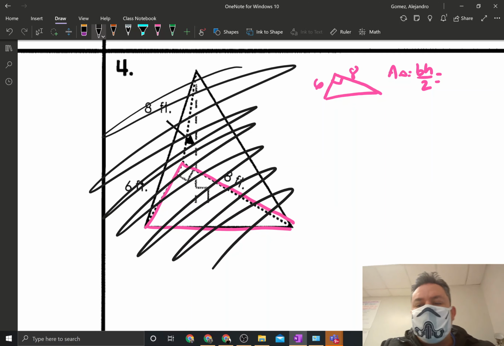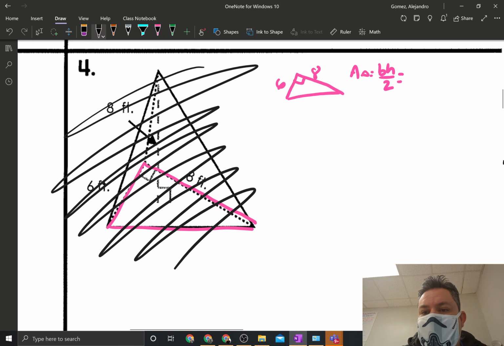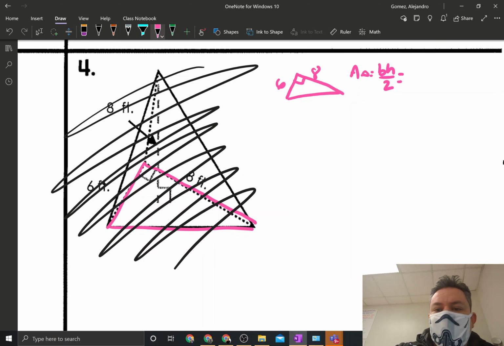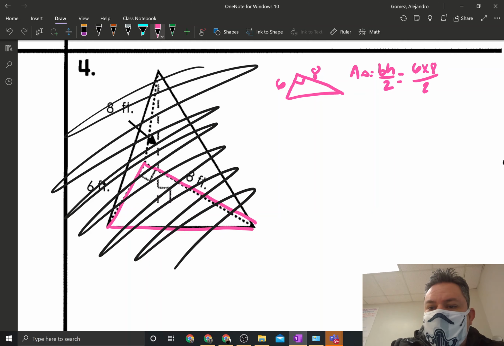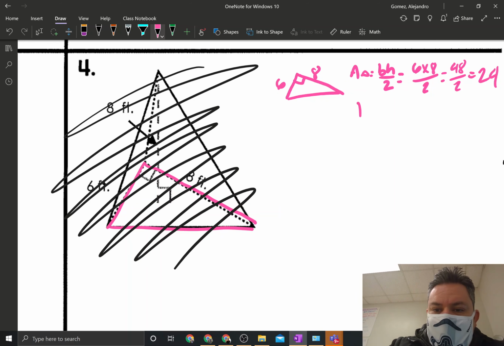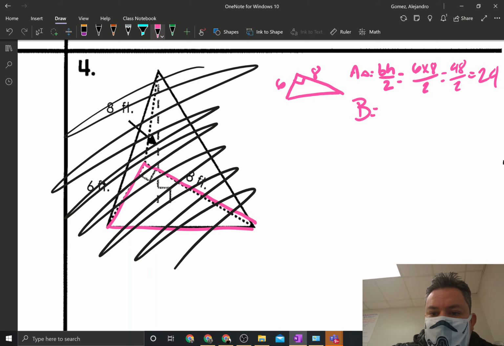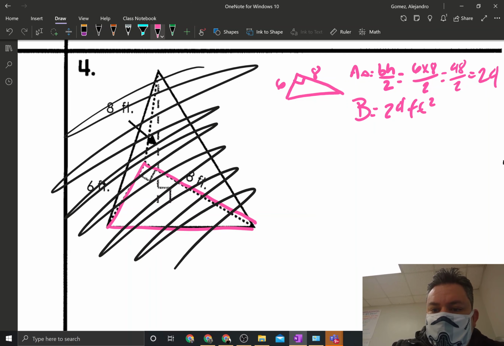Only focus on the base. Find the area for it. So we have 6 times 8 divided by 2, which is 48 divided by 2. And when you divide, you get 24. So the area of the base is 24 feet square.